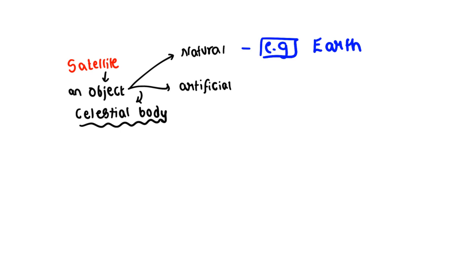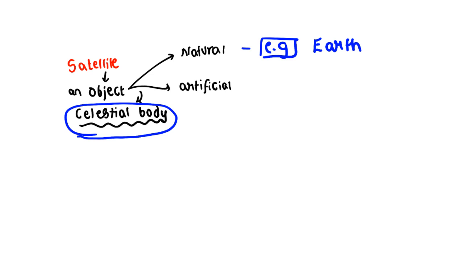Then what is an artificial satellite? As I said, a satellite is an object which rotates around a celestial body. A celestial body is a body which roams in space, an object with a huge mass.